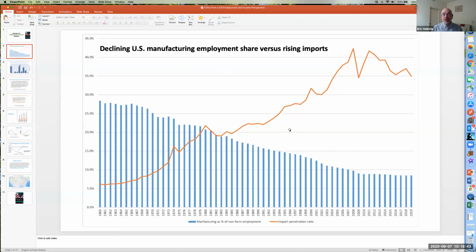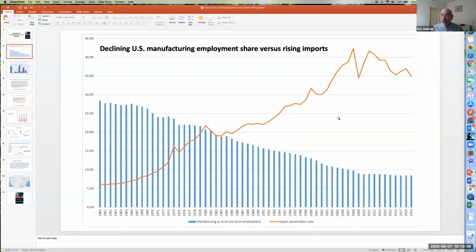And so there's some inevitable questioning and even assertions whether these are causally related, in particular, how it relates to China. Many of these increasing imports are, of course, coming from China.